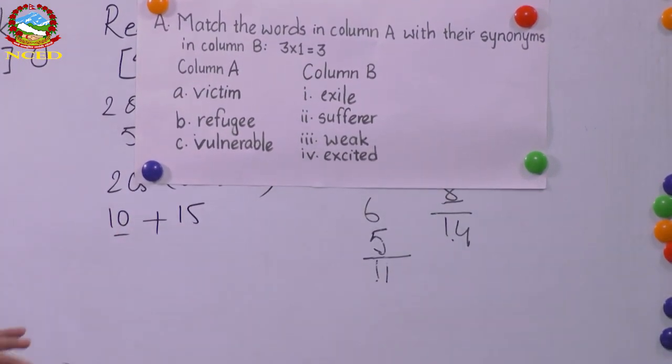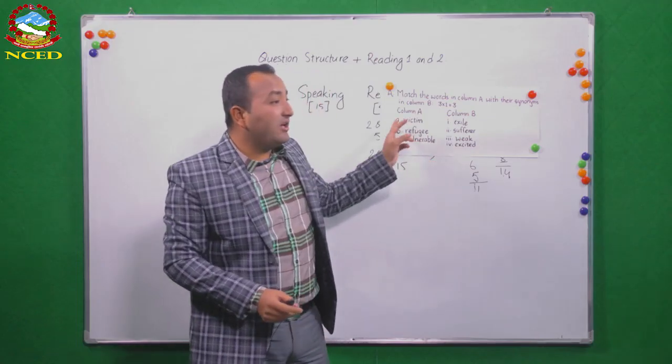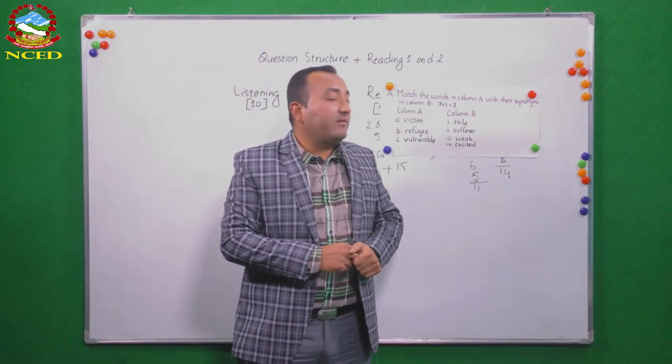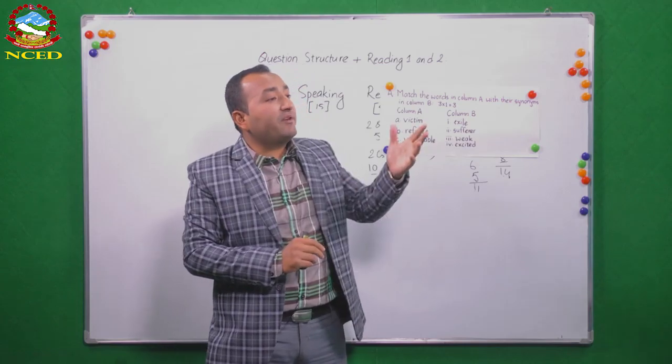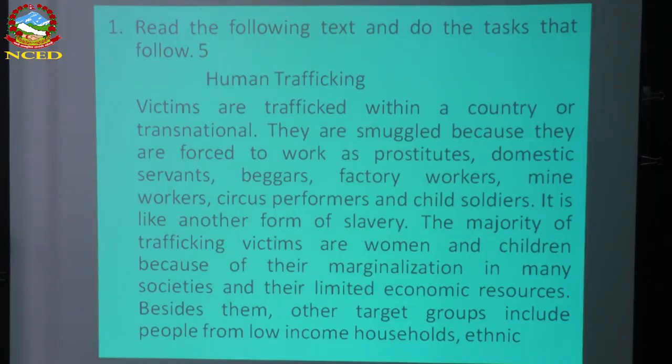So how we do it here right now is, human trafficking is about selling of women, or selling of humans, especially women and children. They are sold easily. So victims are trafficked within a country or transnational. They are smuggled because they are forced to work as prostitutes, domestic servants, beggars, factory workers, mine workers, circus performers, and child soldiers.